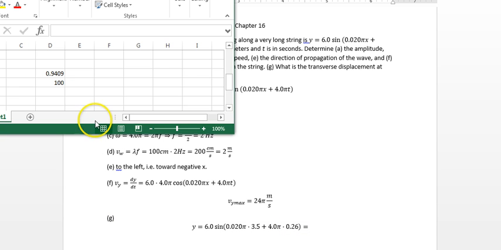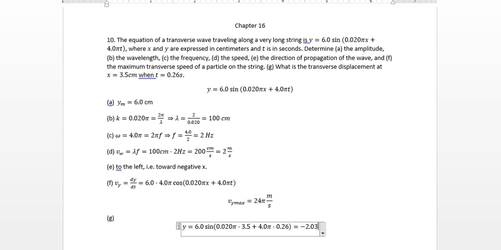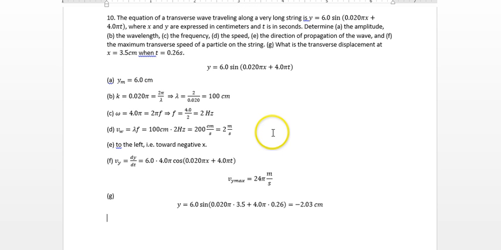Equals 0.020 times pi times 3.5 plus 4.0 times pi times 0.26, the sine of all of that, and 6 times that, so minus 2.03 centimeters. And there you have it. I believe we're done. All right, that's it for problem 10.